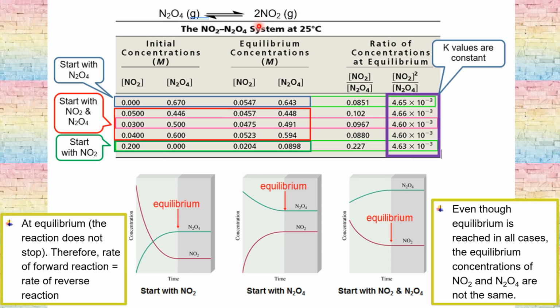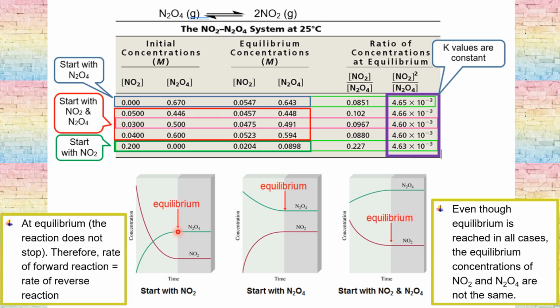So we can see that the amount of NO2 is 0.2 molar, somewhere here. As for N2O4, it's 0 because it is not formed yet. When the reaction occurs and achieves equilibrium, the concentration of NO2 will decrease because we start with NO2, and the concentration of N2O4 will increase.